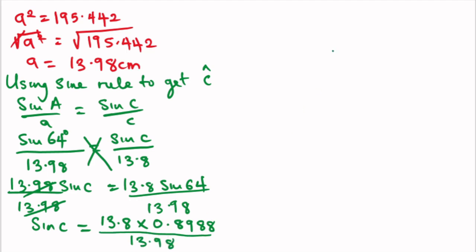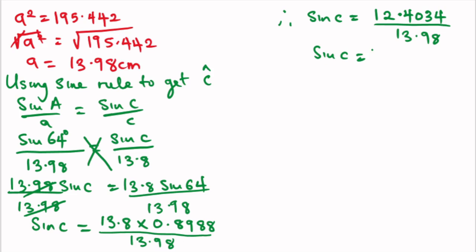So sine C is equal to 13.8 times 0.8988, which is 12.4034, all over 13.98. When we divide this value, sine C is equal to 0.8872. For me to get the value of C, we have to look for the inverse of sine.